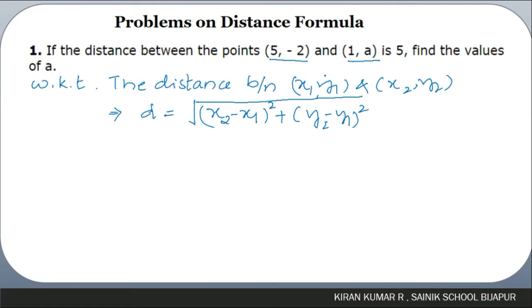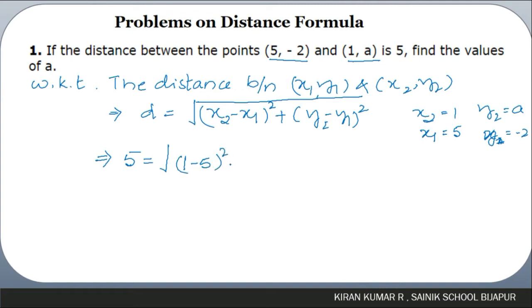Here x2 is 1, x1 is 5, y2 is a, y1 is minus 2. The distance between them is given as 5 units, so 5 is equal to root of x2 minus x1, which is 1 minus 5 whole square, plus y2 minus y1 is a, minus of minus becomes positive 2 whole square.